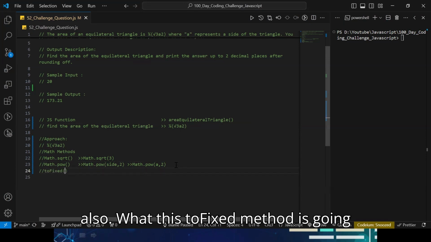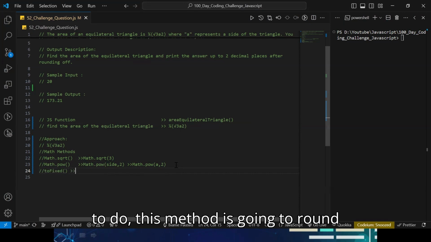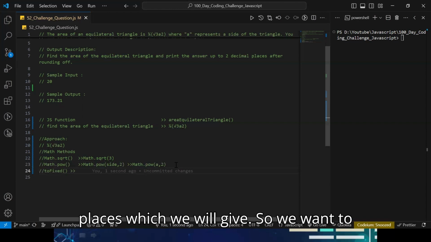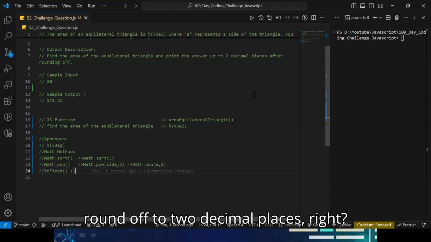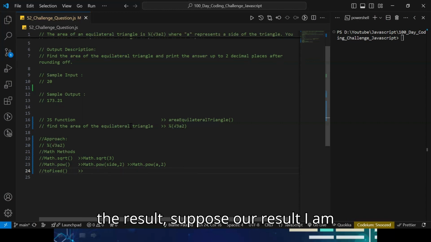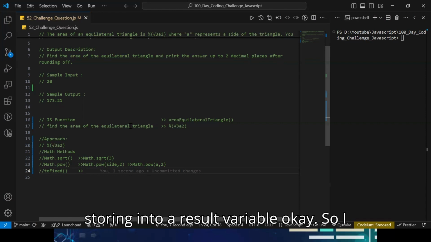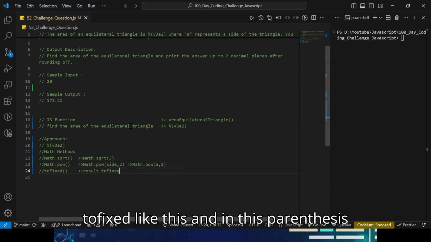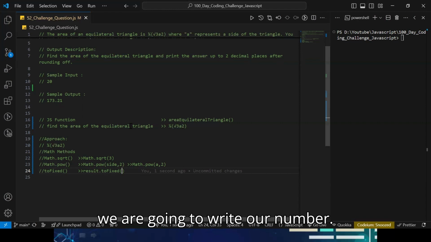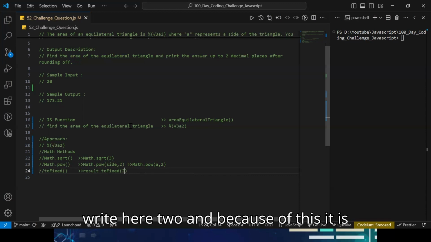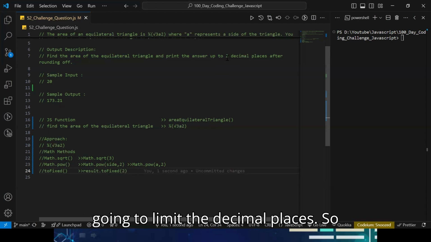What is this toFixed method going to do? This method is going to round off the result up to the decimal places which we give. We want to round off to 2 decimal places, right? So whatever the result is, suppose I am storing it into a result variable, I will write result.toFixed like this, and in this parenthesis we write our number, 2, and because of this it is going to limit the decimal places.